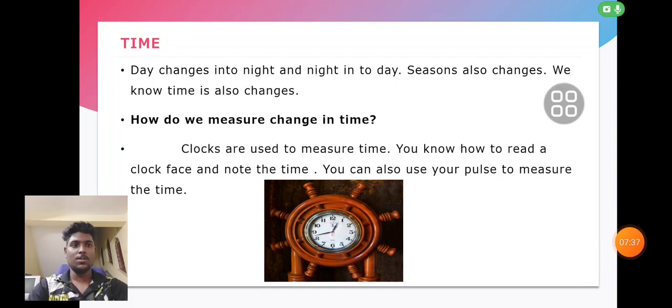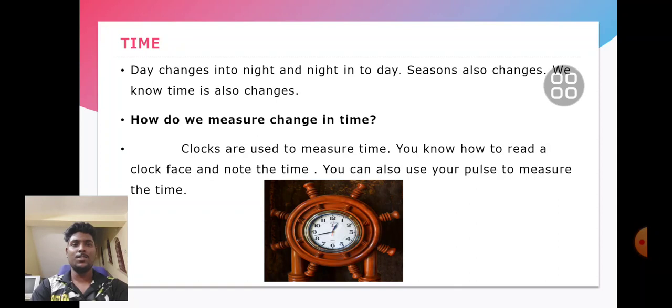Time. Day changes into night and night into day. Seasons also change. We know time also changes. It means the process of changing night to day and day to night happens only because of time.